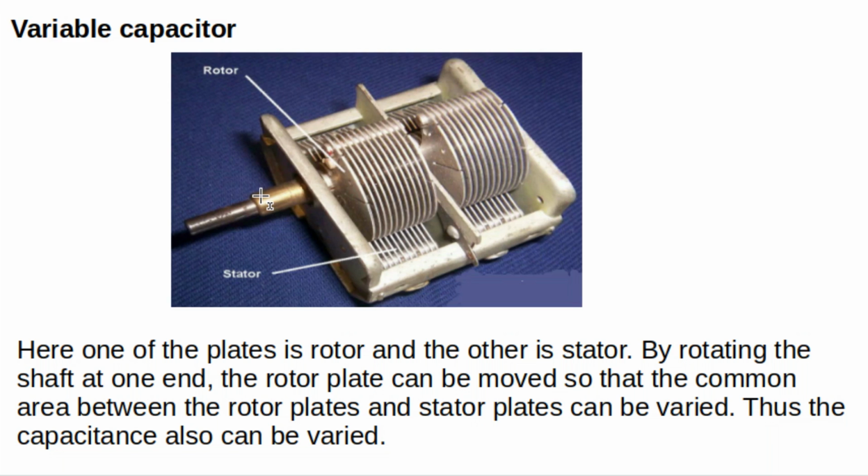And if you rotate the shaft to the other side, these rotor plates will go inside the stator plates so that the common area shared by them will increase, and that will increase the capacitance. So when we rotate the shaft, the common area shared between the rotor and stator plates can be varied, and in that way we can vary the capacitance.